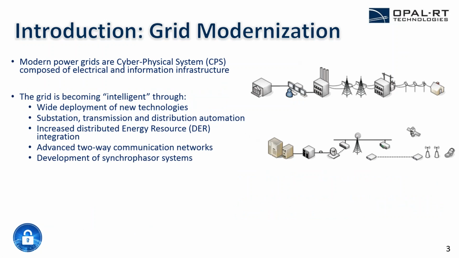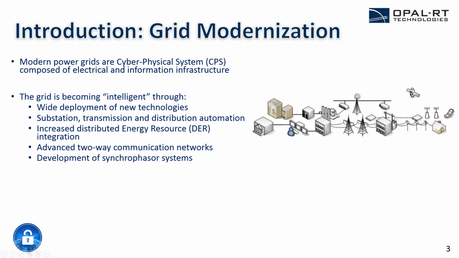So that's exactly what modern power grids are. They're cyber physical systems. They're composed of physical infrastructure and information infrastructure. And when we put them together, we get the modern power grid. So how is it becoming more intelligent? Well, obviously, there are new technologies. There's also a question of automation, such as the automation of substations, transmission and distribution systems.